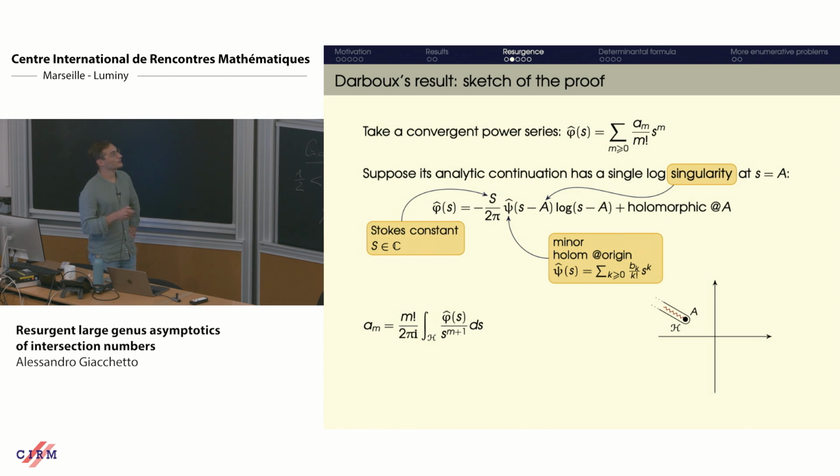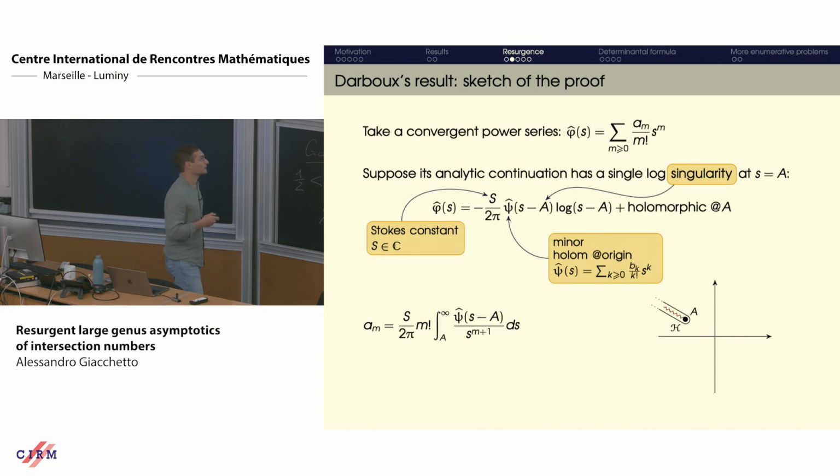When you do this, this holomorphic term will not play any role because you're integrating it along the Hankel contour. So the only interesting part is given by this logarithmic part. And the main point here is that the log has a discontinuity along the cut, which is 2 pi i. So if you use this, you will end up with a single line contour along the cut of this minor here with the Stokes constant in front.